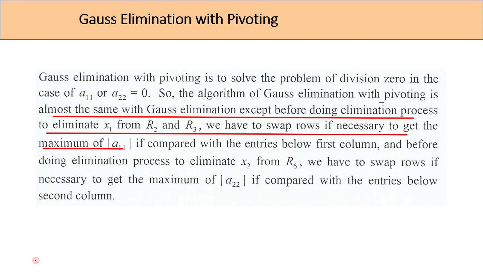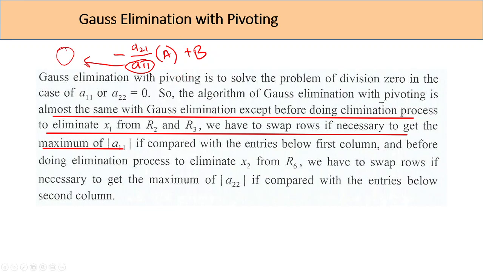Gauss elimination with pivoting is to solve the problem of division by 0 in the case of A11 or A22. When this becomes 0, as I said before, the formula is negative the entry below, divided by the pivot, one by one. So what happens when the value of A is 0?